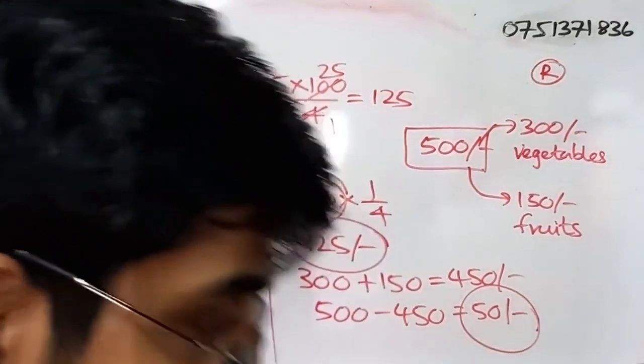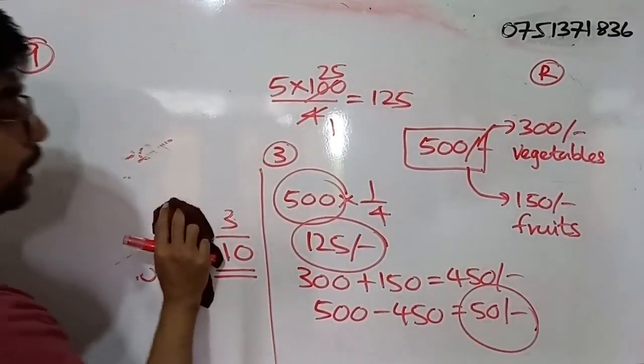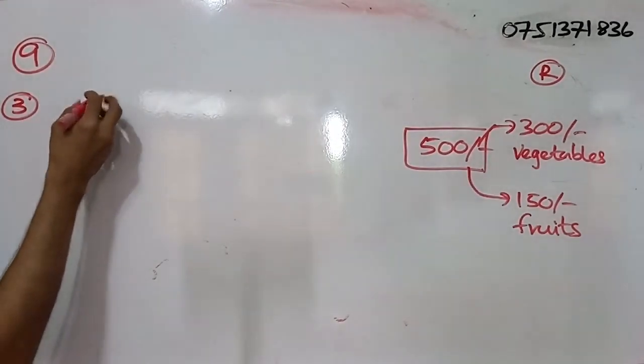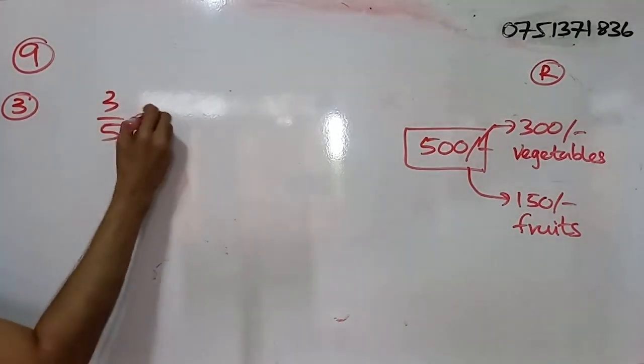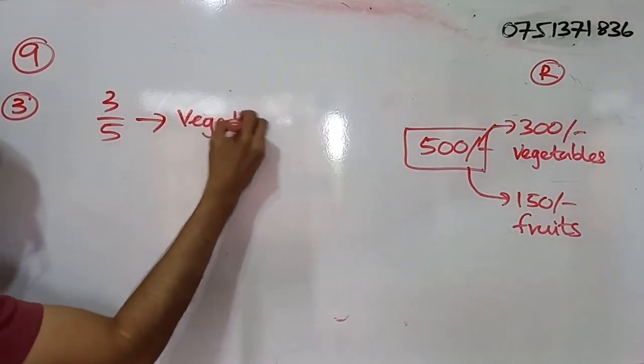So when we think about the third part of this question, there's another way of coming up with the answer. So this is part 3. There's another method. We know that she spent 3/5 of the money that she took to the market for vegetables.